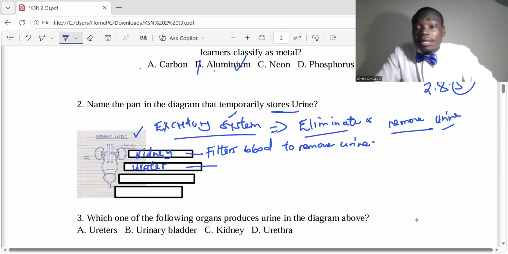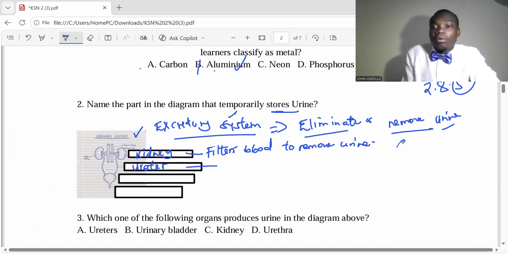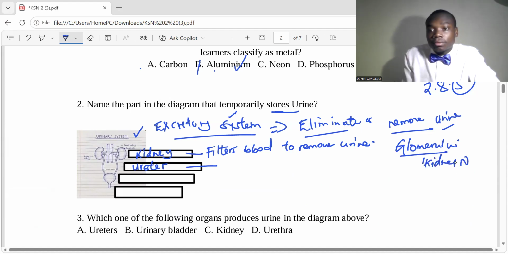So the blood that enters the urinary system is being filtered by a part called the glomerulus within the kidney nephron. Let me just write it well so that you see its spelling.